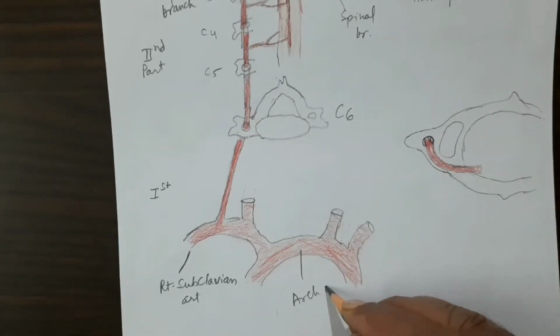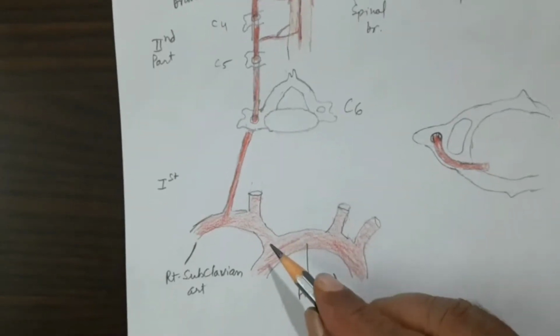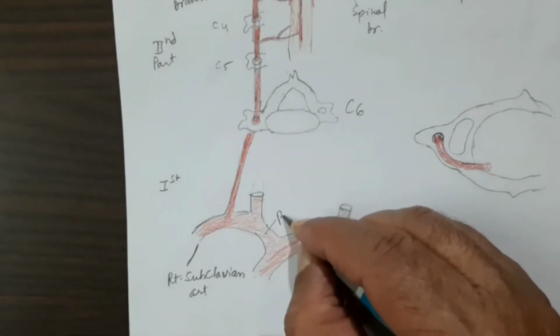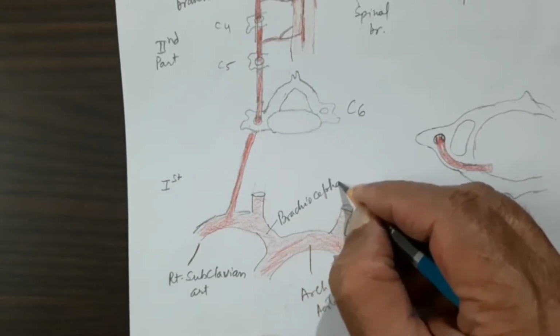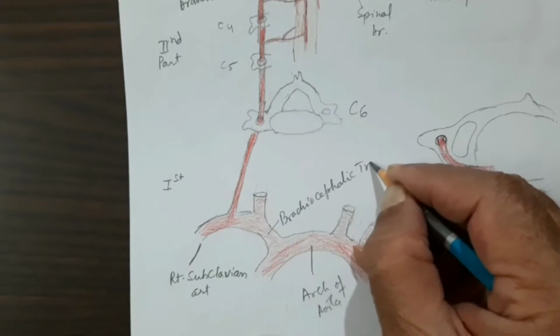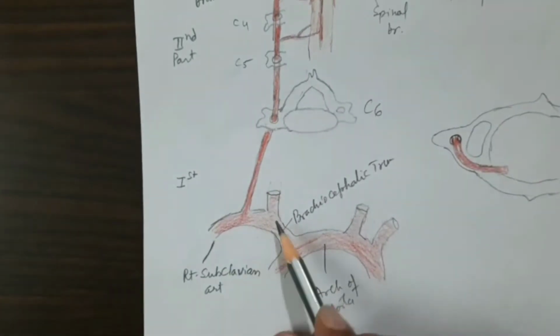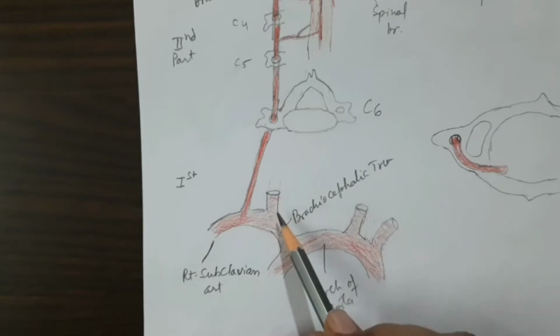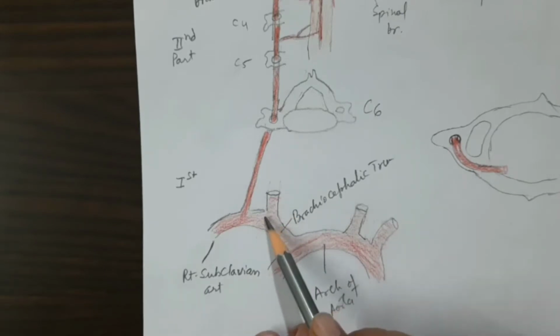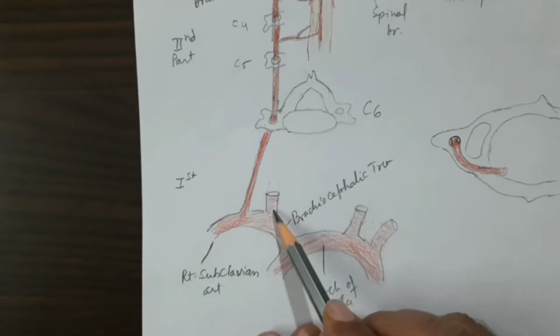This is the arch of aorta, and the first branch which takes origin from the arch of aorta is the brachiocephalic trunk. Now this brachiocephalic trunk, soon posterior to the sternoclavicular joint on the right side, will divide into two terminal branches.